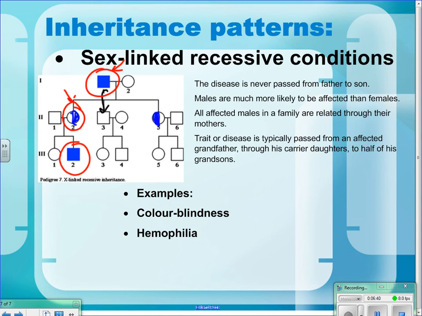Because they don't show up as often, it might be very hard to tell them apart. So with all sex-linked recessive pedigrees, the females will be half shaded, and that means they're carriers of the disease. Remember, a carrier won't show the disease in question, but carries an allele that could possibly transmit the disease.